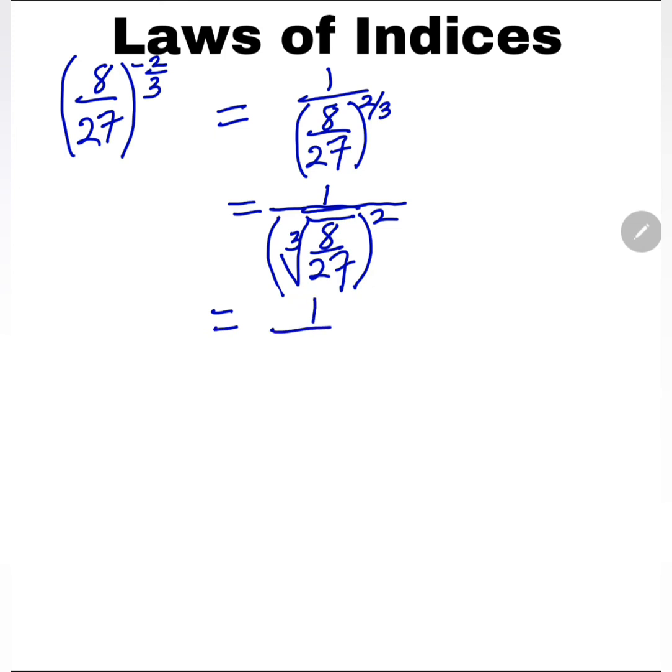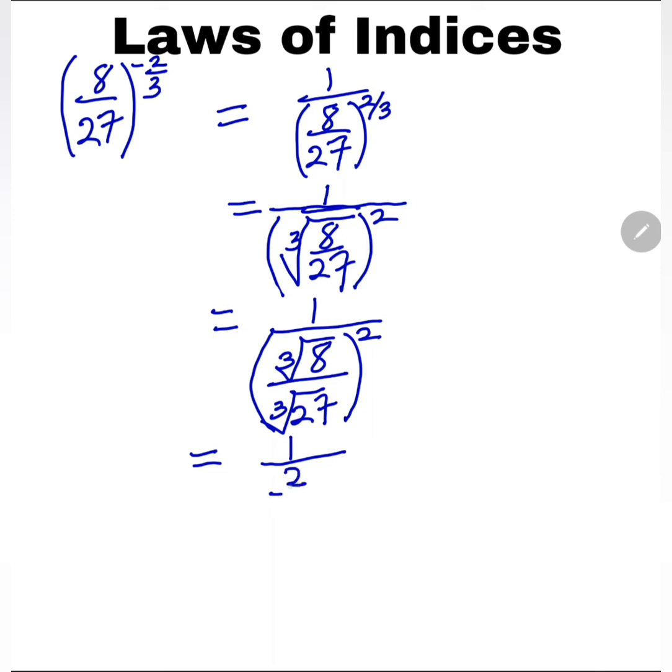So you have 1 divided by, this can be written as the cube root of 8 divided by the cube root of 27 and everything all squared. Then if you go on, the cube root of 8 is 2. The cube root of 27 is 3.